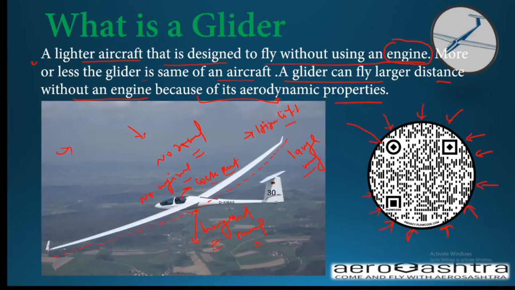In general, we can define a glider as a type of aircraft designed to fly without the use of an engine. Instead, it relies on the natural force of the atmosphere to stay aloft.